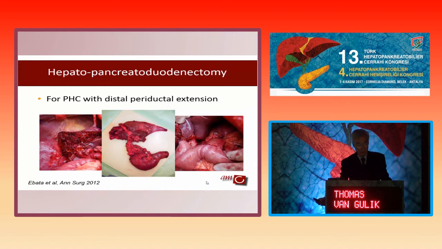And that's, I think, a bad way to go for our community. So I would like to advise all of you to have a broad participation in the full scope of HPB surgery, that you're able to do a hepatic resection and you're able to do a duodenectomy, so that when you're doing a liver resection for perihilar carcinoma, you can do the duodenectomy yourself. So that is just advice to the community from my own perspective.